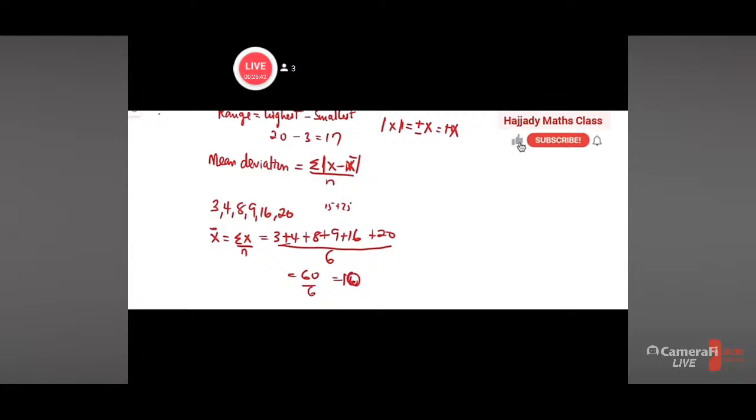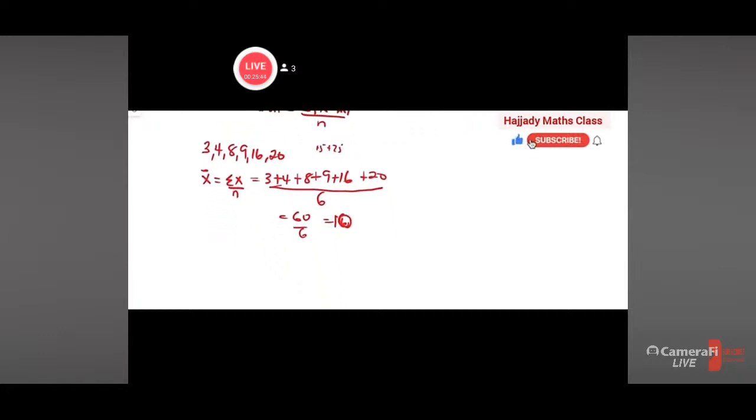So using this same definition formula, the mean deviation, which I can represent with MD, is the summation of the absolute value of x minus x bar, over n. That is the positive value of my x minus x bar. So my x now is 3 minus 10, the positive value of it.